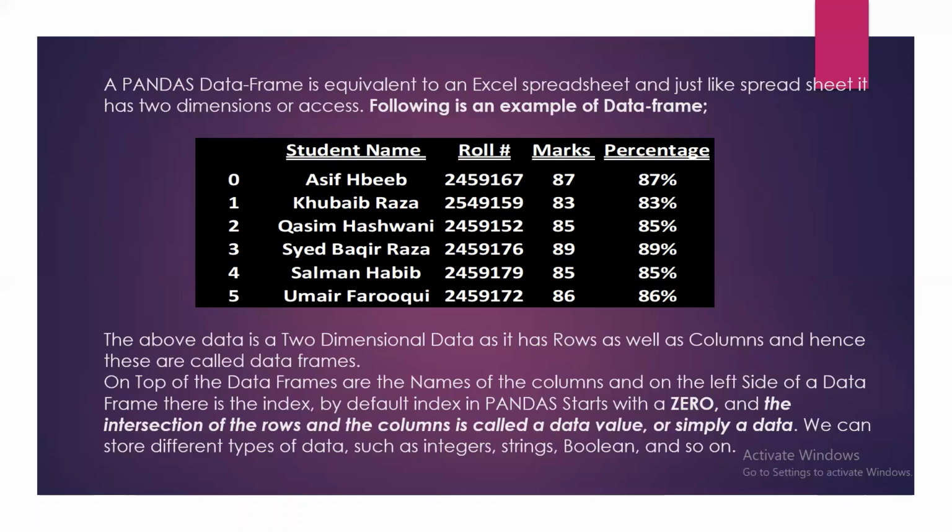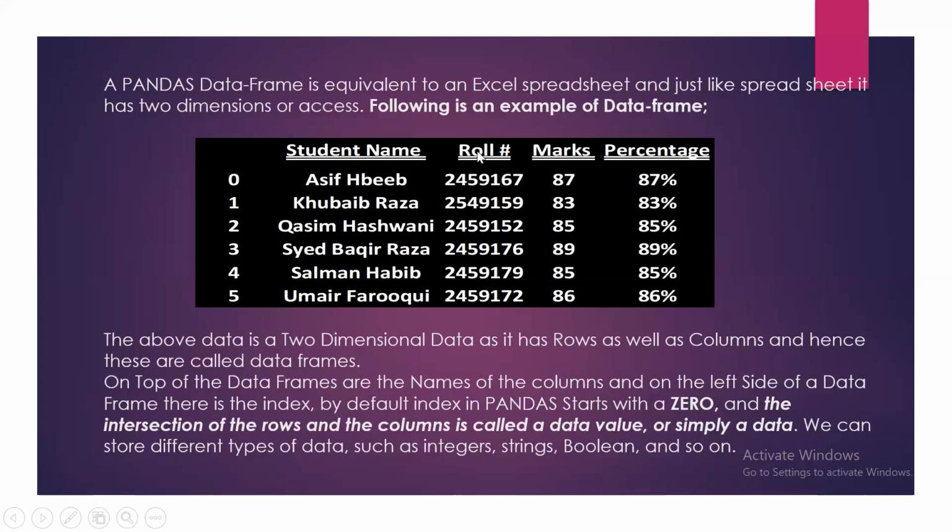We can store different types of data, which can be a string, a float, a Boolean, and so on. In this table, the data stored in the column of student names is the name of a student, therefore the data type is a string.